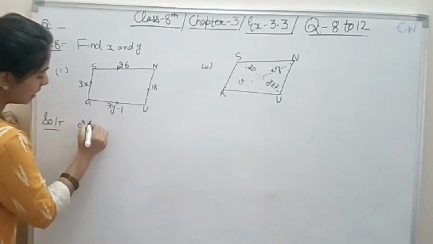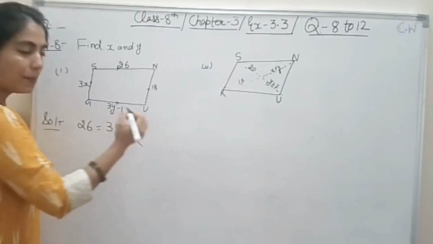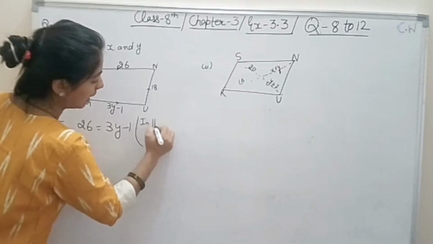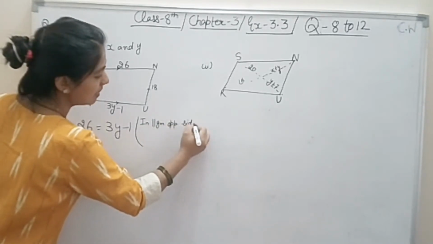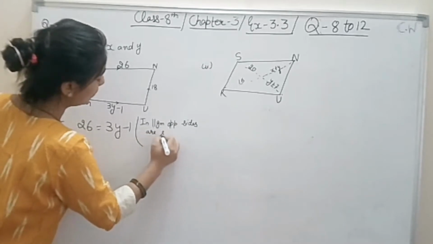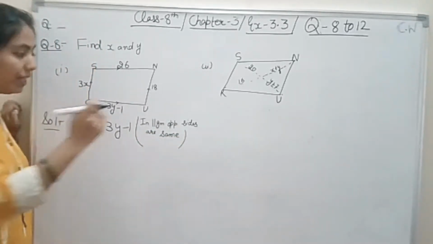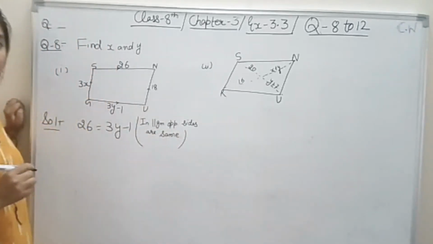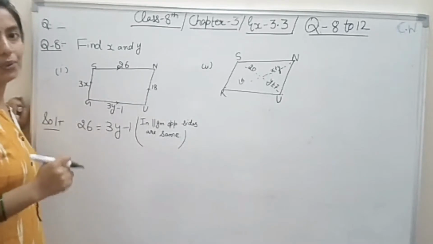So we know 26 is equal to 3y minus 1. Why? Because in a parallelogram opposite sides are same. I told you, if you will write the reason every time as well, ultimately it will get learned by you and it will be easy for you also.